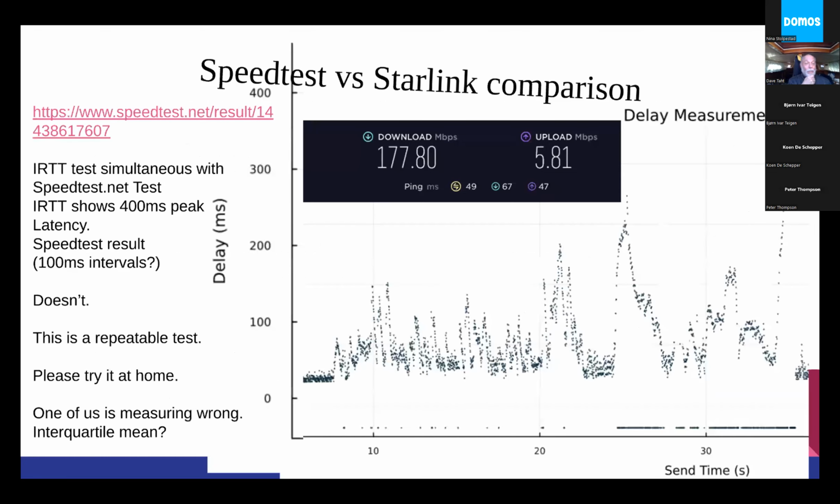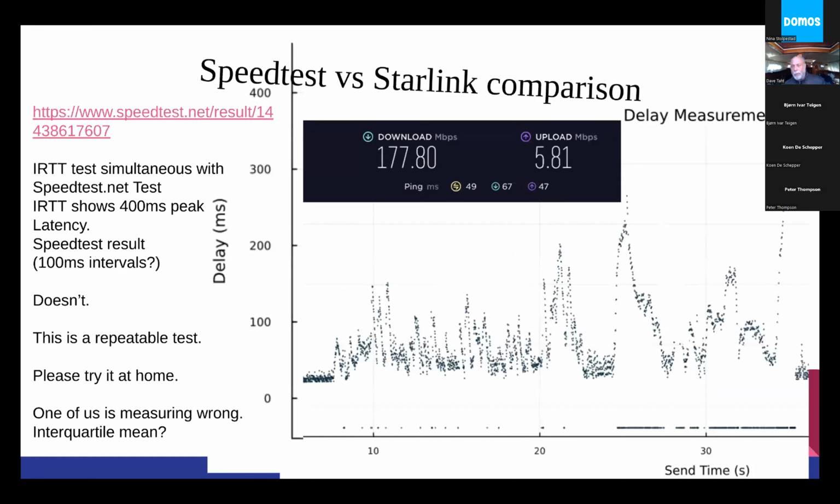Recently, I am really happy. Thank you, Starlink Speed Test, for adding a wonderful new responsiveness benchmark. This is an actual simultaneous test of my Starlink terminal yesterday, where I got really awesome responsiveness numbers from it. Only 20 millisecond inflation under load according to their methodology.